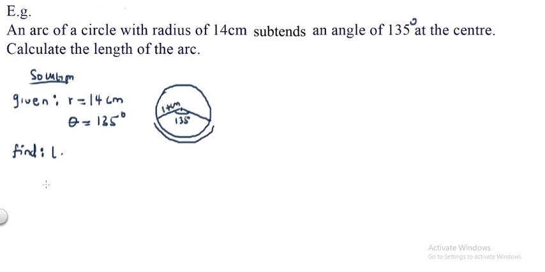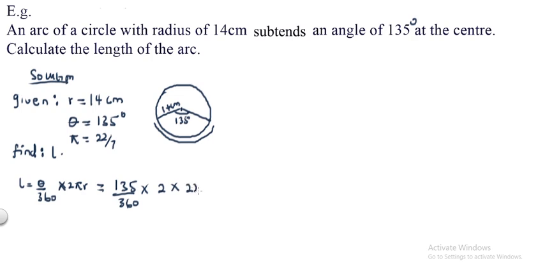Remember, the formula for the length of an arc is L equals theta over 360 times 2 pi r. From here, this is equal to theta, which is 135, over 360, times 2 times pi, and pi is always 22 over 7 unless stated otherwise.